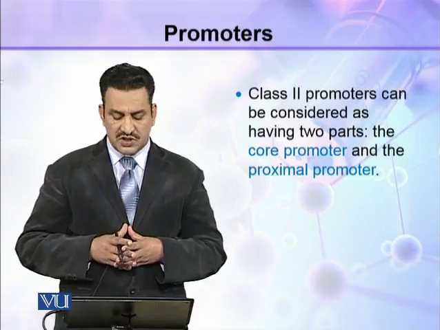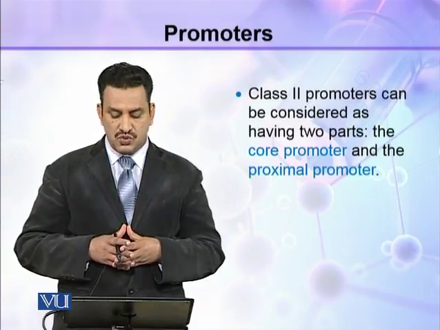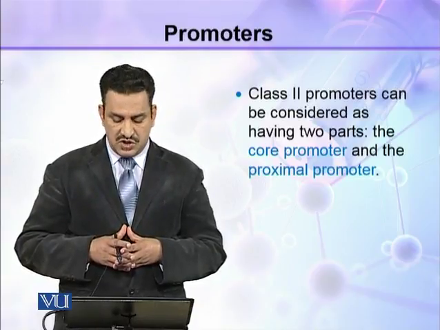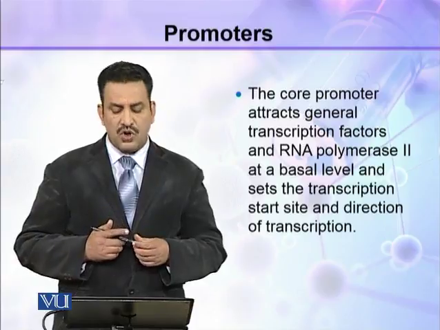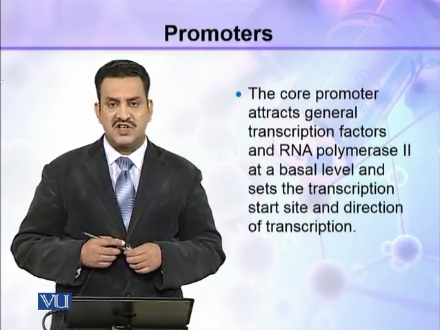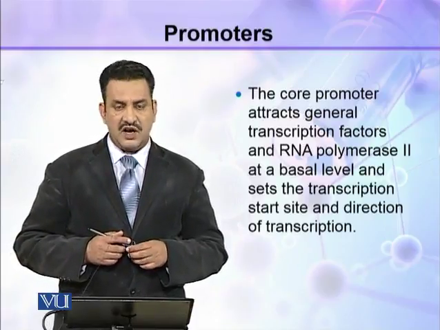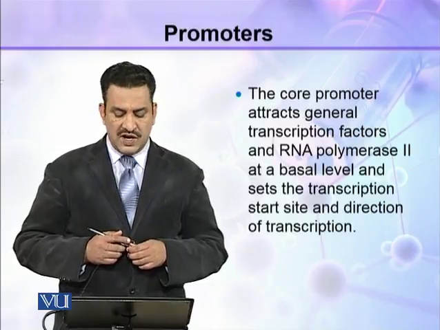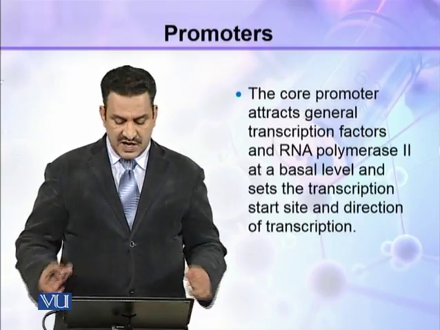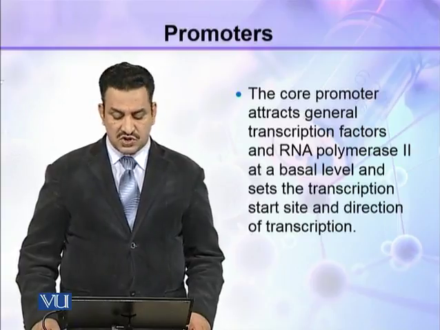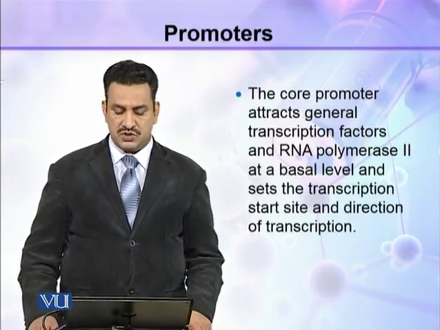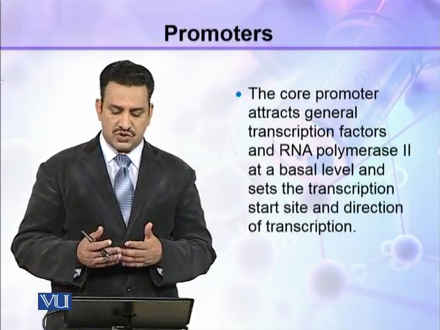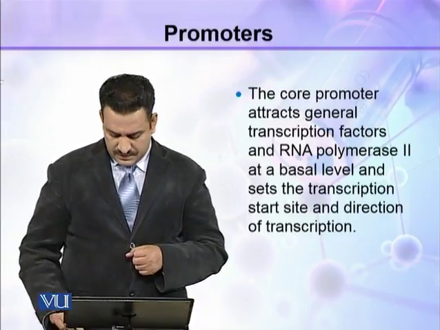Class 2 promoters can be considered as having two parts: the core promoter and the proximal promoter. The core promoter attracts general transcription factors and RNA polymerase 2 at a basal level and sets the transcription start site and direction of transcription. So these are the main functions of the core promoter.